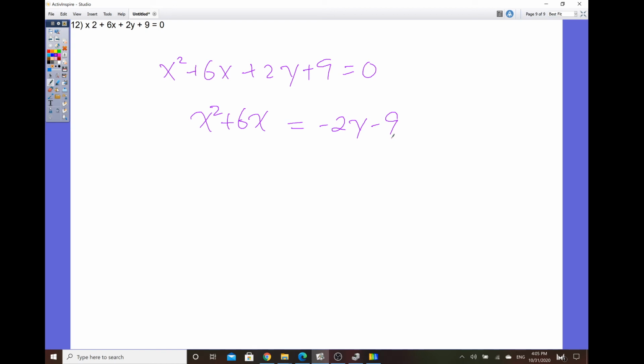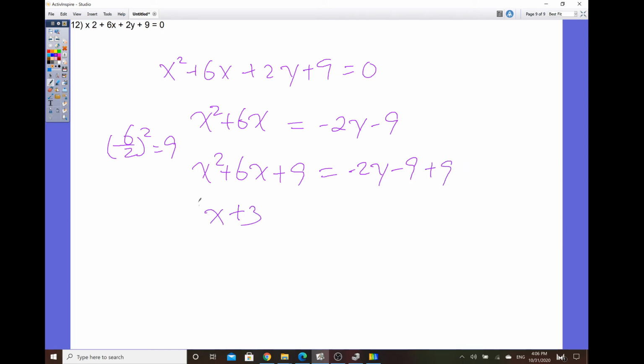So now complete the square for this one. We have x squared plus 6x. Plus 9, because that's 6 over 2 quantity squared, which is 9. So add 9 on the left-hand side and add 9 on the right-hand side. So we have x plus 3 quantity squared equals negative 2y.